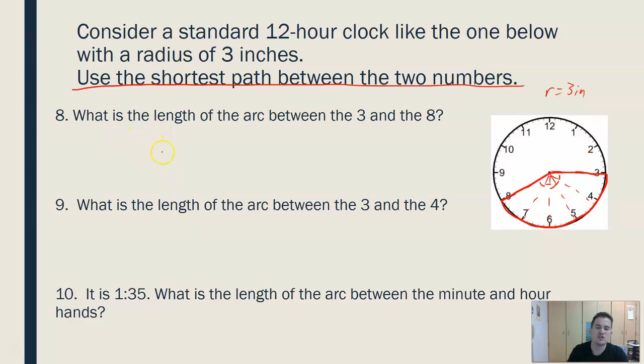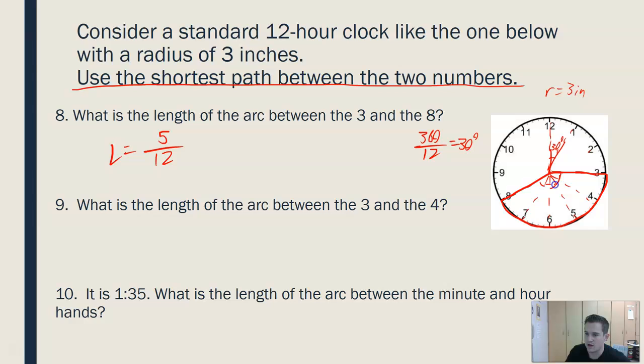So the fraction of the circumference that I need to find is 5/12. Another way to think about it, if you wanted to calculate the actual angle: 360 degrees divided by 12 is 30 degrees. So each one of these little slices is 30 degrees.